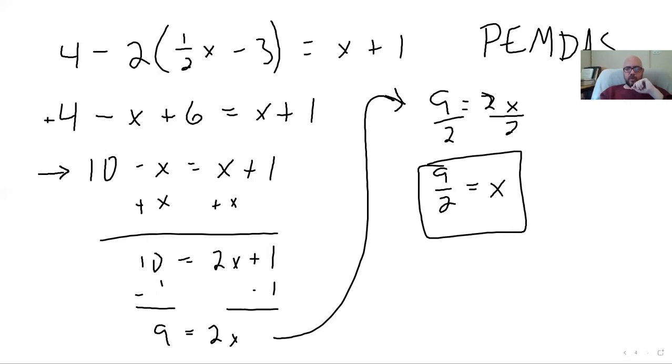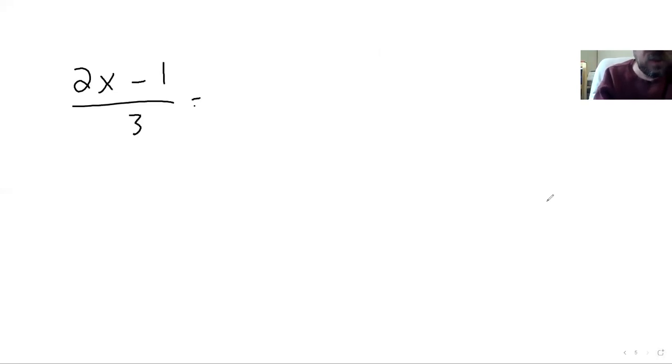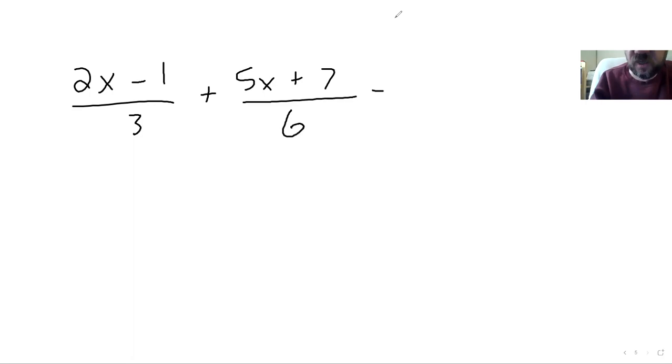Okay, let me go on to something that maybe messes people up even more, which is, what if there are fractions everywhere? Not exactly everywhere, but we're going to put in some fractions and make things look a little different. 2x minus 1 over 3 plus, we'll make it messier, 5x plus 7 over 6, let's say, equals 5/12.